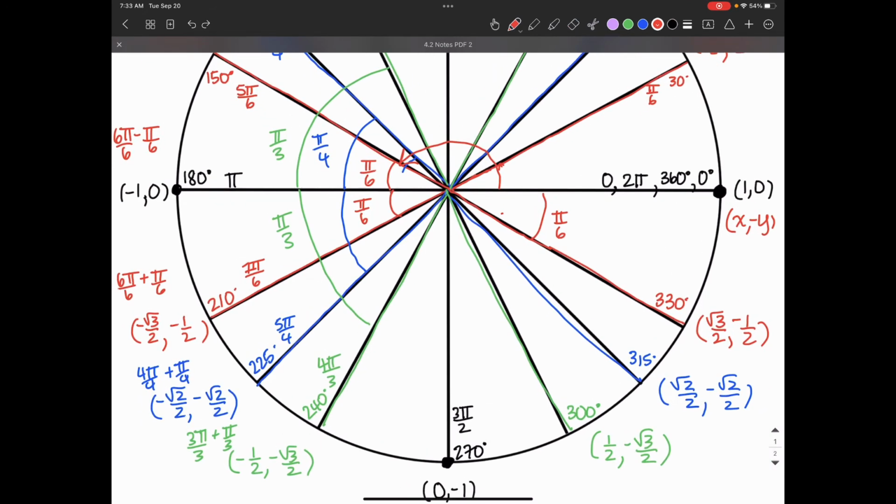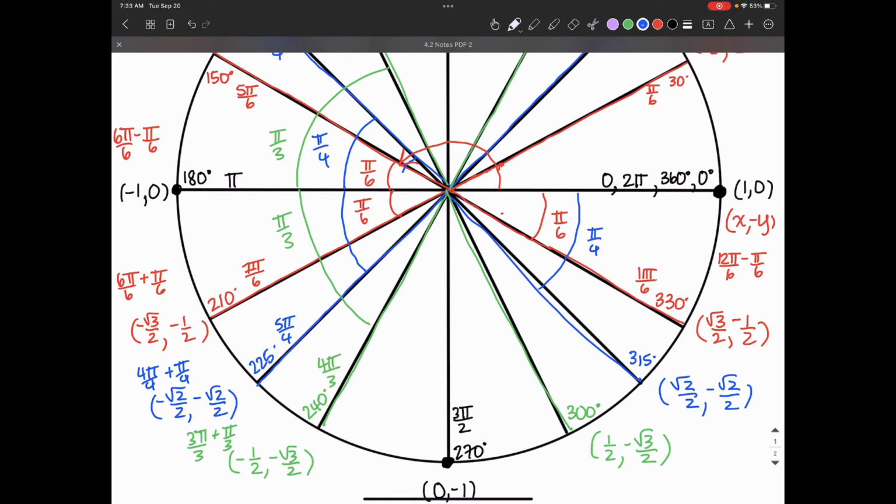So this would be 2 pi minus pi over 6, because 2 pi is a full circle. Then I changed this to 12 pi over 6 minus pi over 6, which gives me 11 pi over 6.